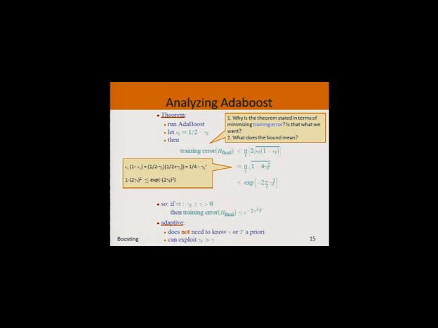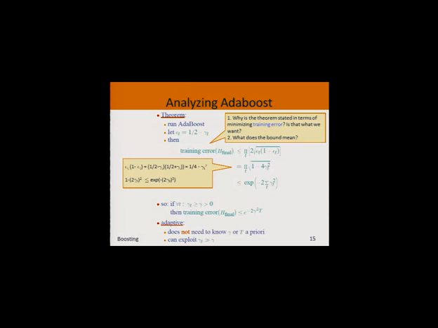The second thing is I want to move from here. So I showed that this is this. Now from here to here, I'm using an inequality that we used twice already. 1 minus something is always less than e to the minus this something. And I'm using the something here as 2 gamma squared.